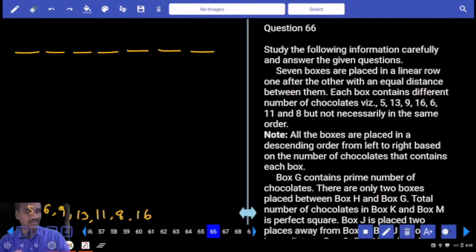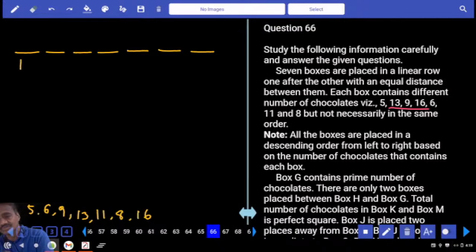Now in order to arrange all this, what is the information that is required? Arrange numbers. What is the condition given? All these are arranged in the descending order according to the number of chocolates in them. That means, what is the order we have? 16, 13, 11, 9, 8, 6, 5.